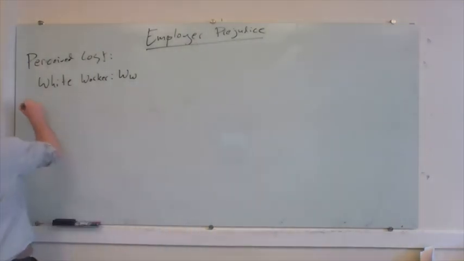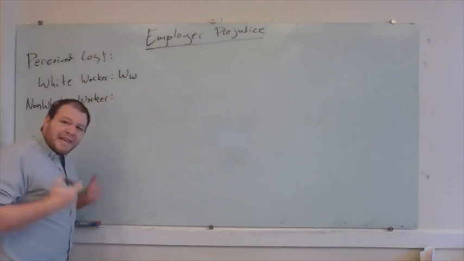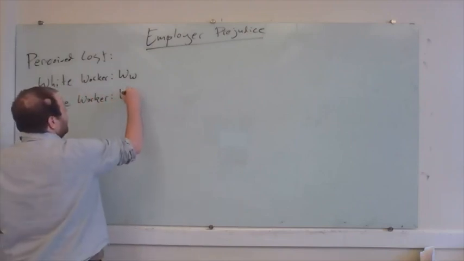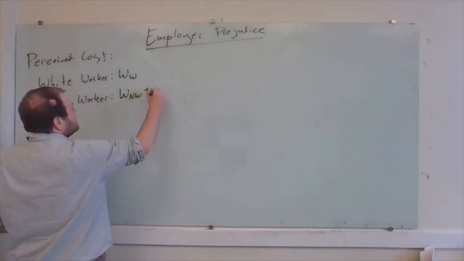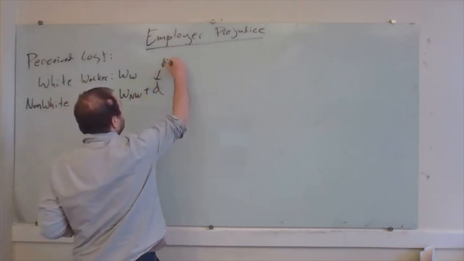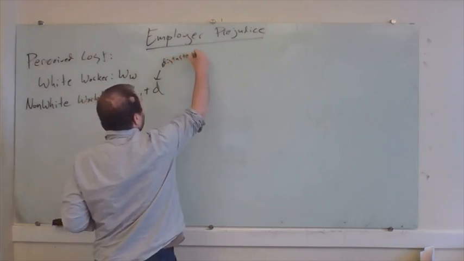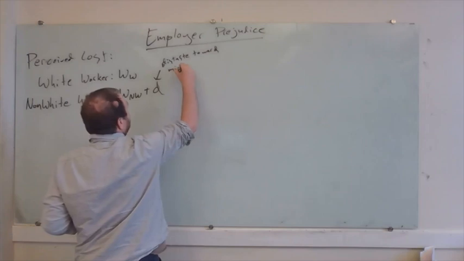So we'll say for a non-white worker, they're going to perceive the cost to be the wage paid to a non-white worker, which I'll call WNW, plus D, where D here is some sort of distaste toward minority workers.